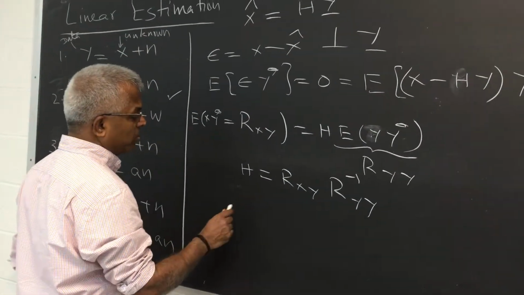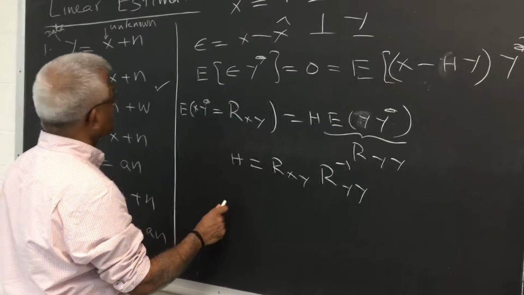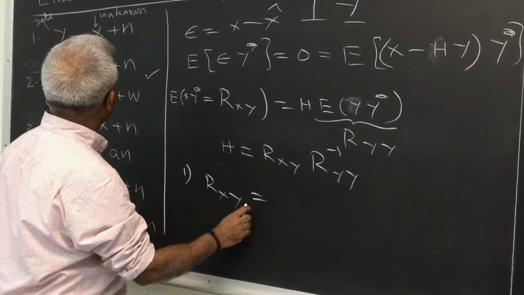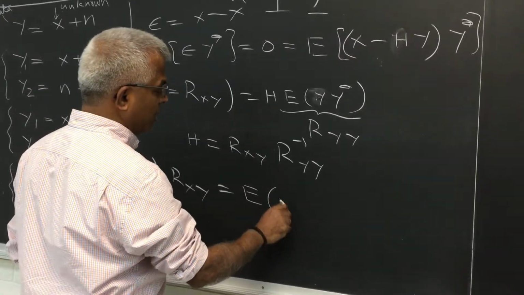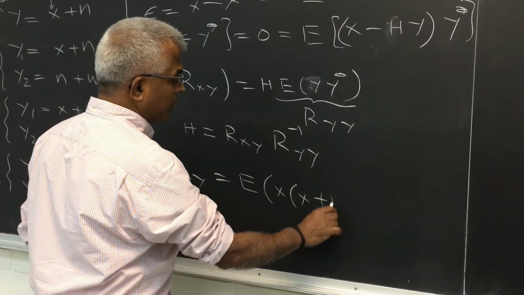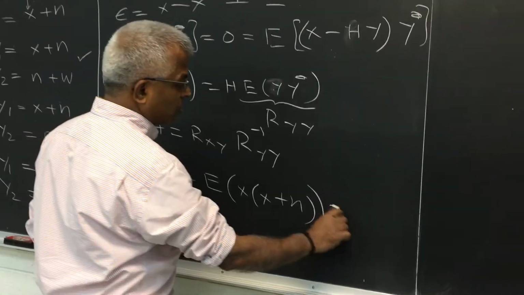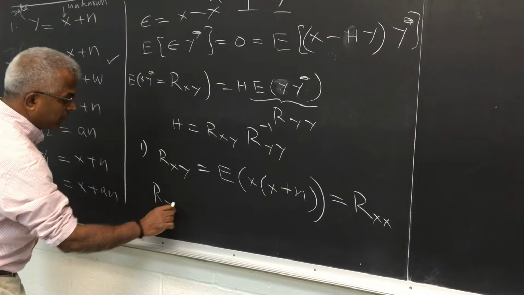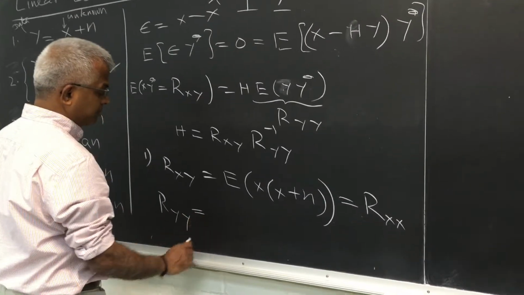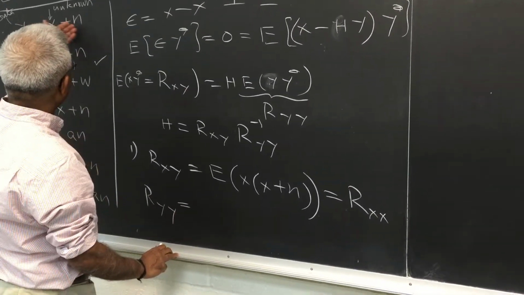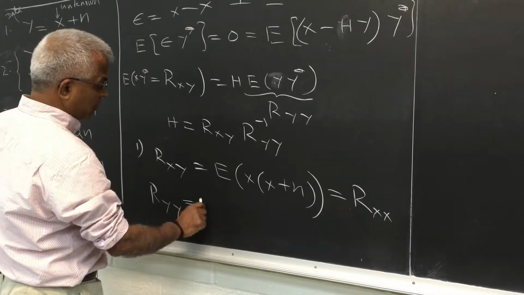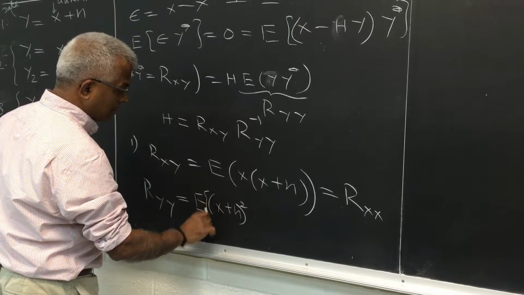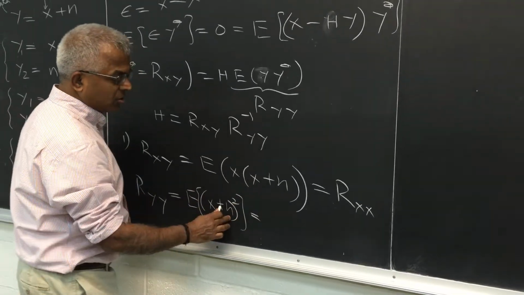In the first problem, it is a scalar. So we just need to compute r xy. r xy is the expected value of x multiplied by x plus n. Signal and noise are uncorrelated, so this is simply r xx. And r yy is simply the expected value of x plus n, the whole squared, and that's if signal and noise are uncorrelated.